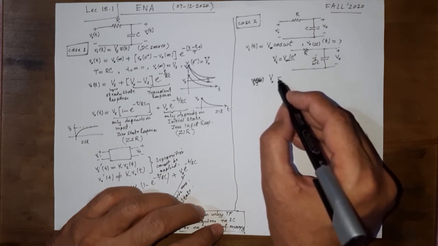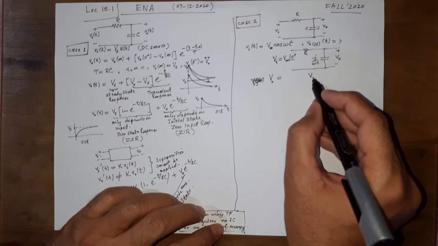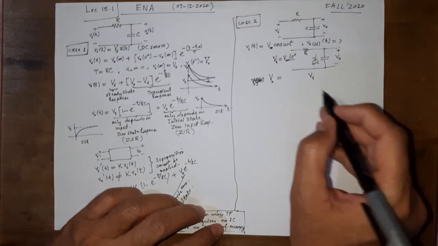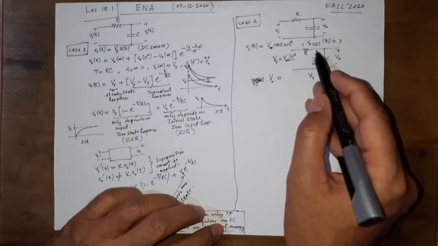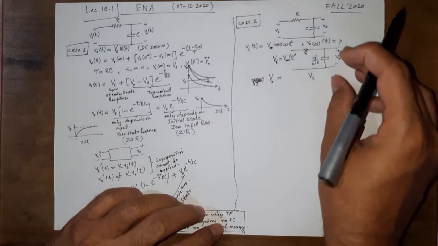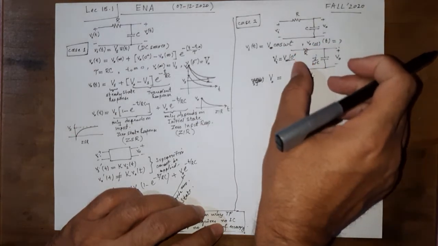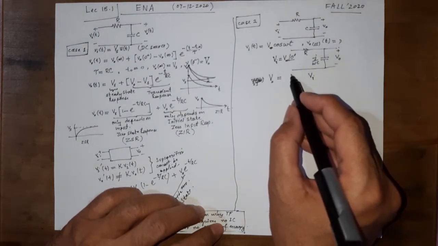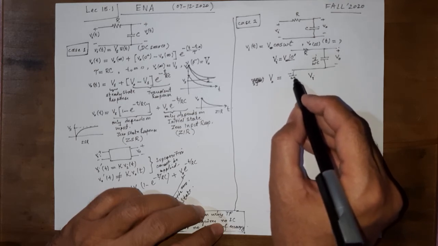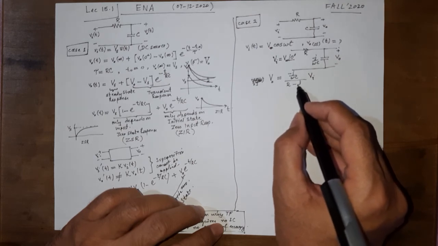V naught would be equal to what is going to be multiplied by the input Vi. This is a simple voltage divider circuit. The output across the capacitor impedance or reactance, and the total impedance is R plus minus j over omega C. We can use the voltage divider formula to see that the output would be minus j over omega C over R plus minus j over omega C.